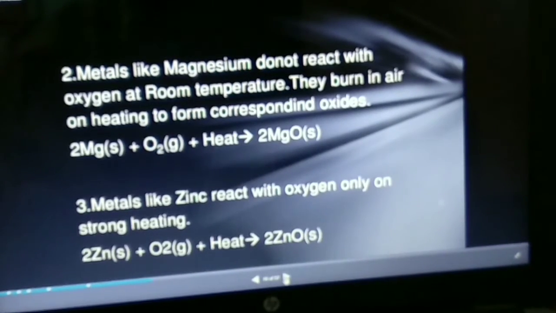Metals like magnesium do not react with oxygen at room temperature. They burn in air on heating to form the corresponding oxides. That is, magnesium plus oxygen plus heat gives magnesium oxide, zinc plus oxygen plus heat gives zinc oxide. So without heat, the reaction will not complete in case of magnesium and zinc.